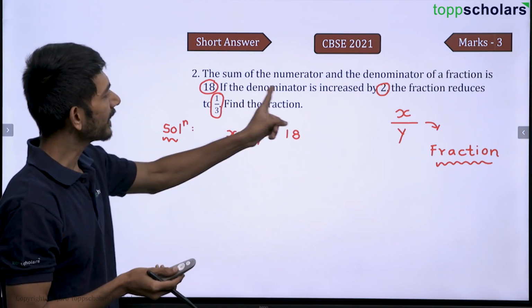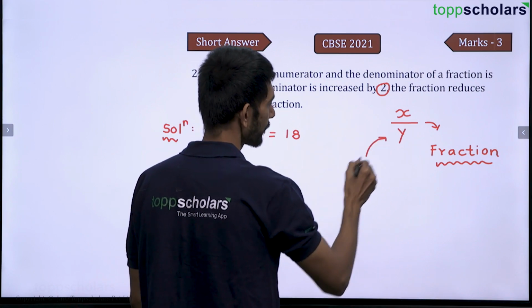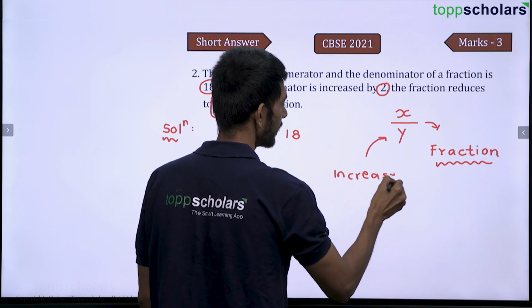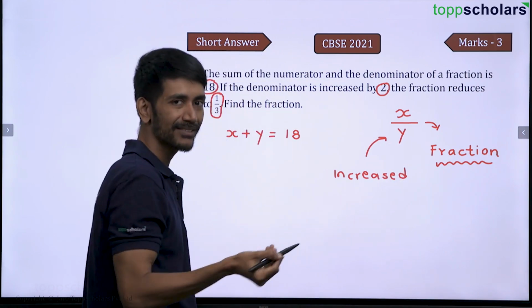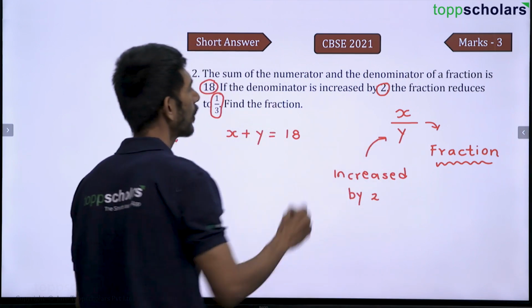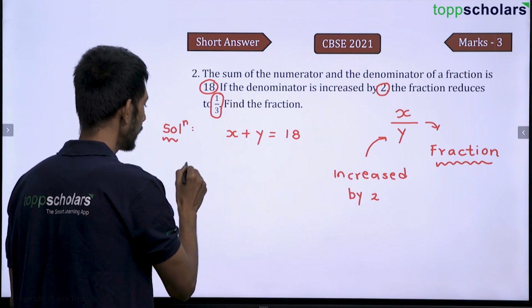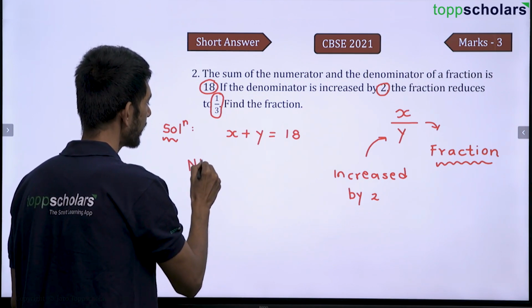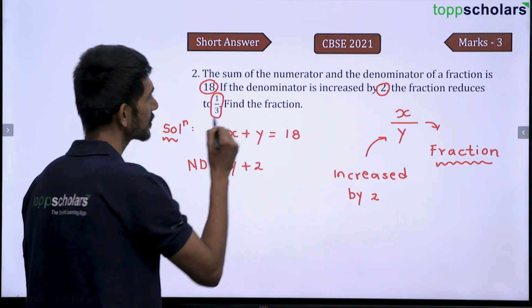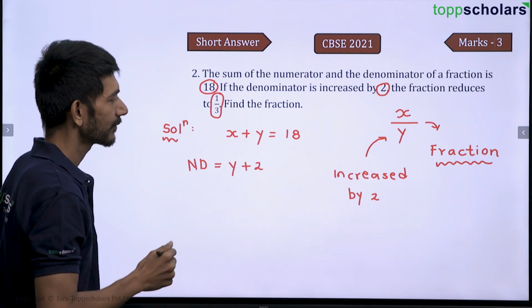Now, if the denominator is increased by 2, what is the denominator? The denominator is y. Increased means plus or minus? Obviously plus. Increased by 2. So what will be the new denominator? The new denominator, I'm writing it as ND, will be y plus 2.